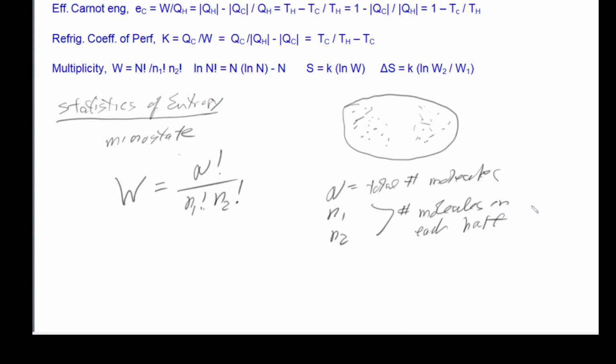And W is called the multiplicity of the configuration.